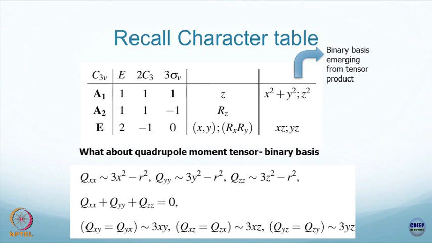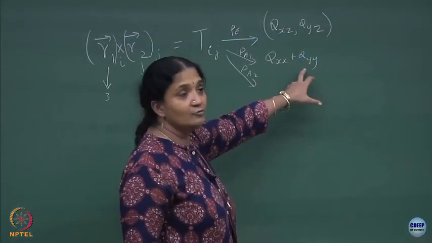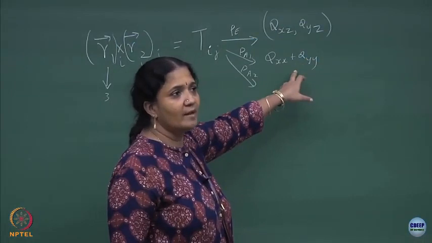Okay. So, now tell me what will be the E representation? Is that right? Okay. So, that will be the binary basis representation which corresponds to your quadrupole moment tensor components. So, this belongs to irrep E, and the summation belongs to irrep A1.